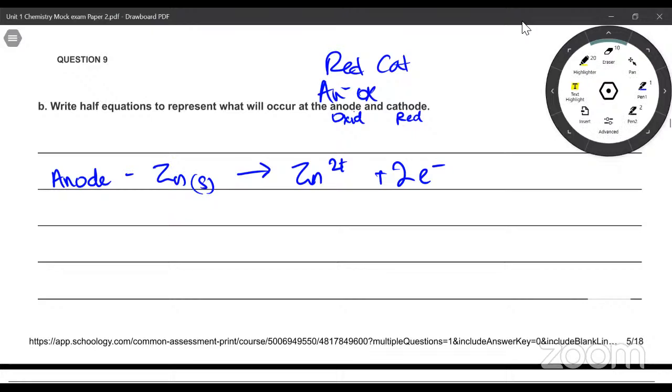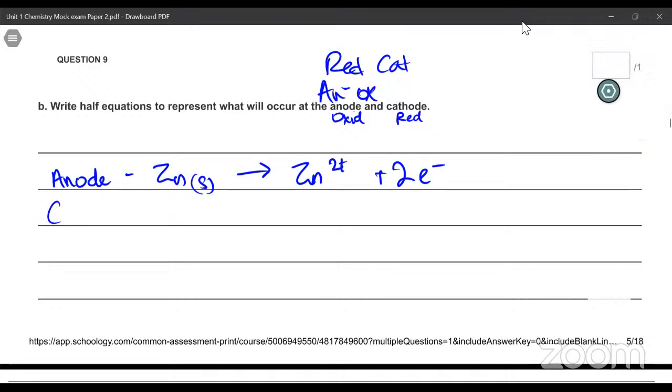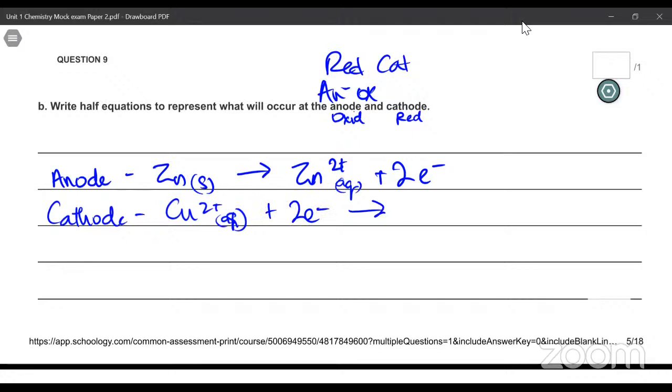Now for the cathode, where reduction occurs, you will have the Cu2+ ions, aqueous, plus 2 electrons will give you Cu solid.